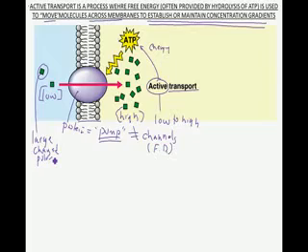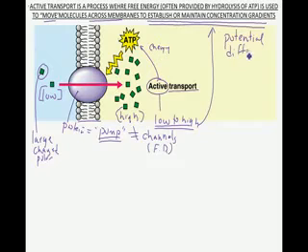So these things are often one of these, but could also be nonpolar. But again, the big deal here is that you're going from a low concentration to a high concentration, making the gradient, establishing the gradient. Another word that will come up is a potential difference. So this concept of creating a concentration gradient, and also a potential difference, across the membrane.